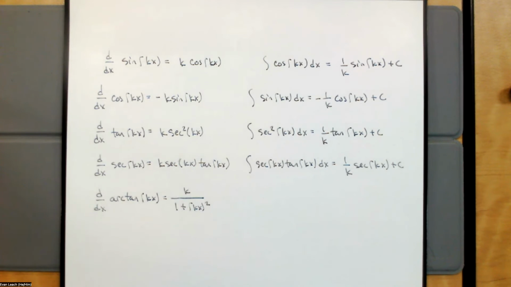We know the derivative of arctangent of x is 1 over 1 plus x squared. So the derivative of arctangent of kx is 1 over 1 plus the square of the product of k and x times the derivative of kx, which is k.